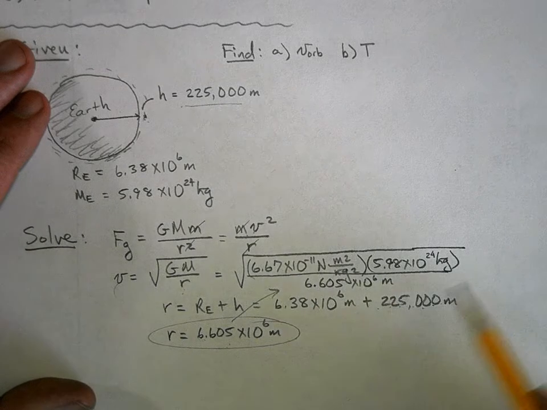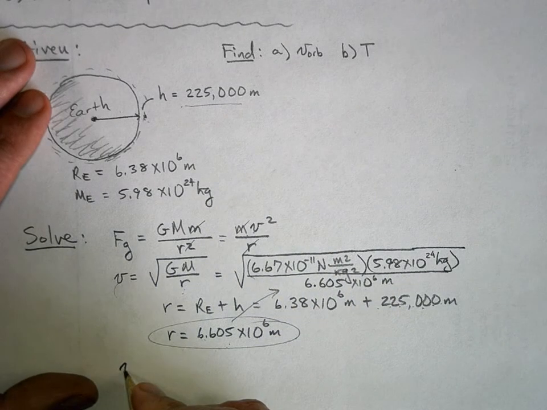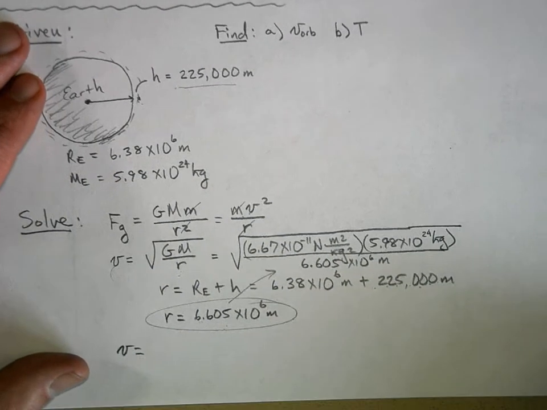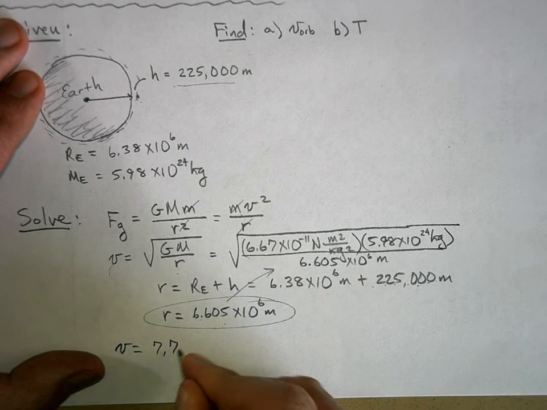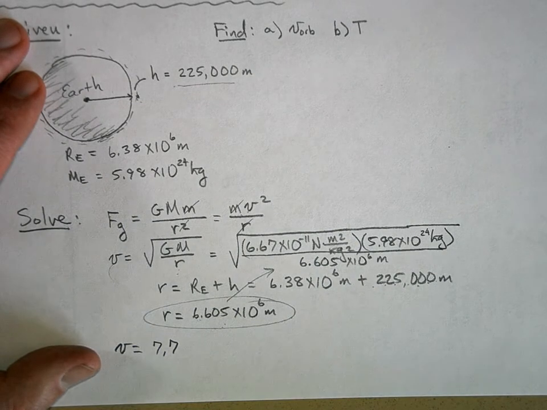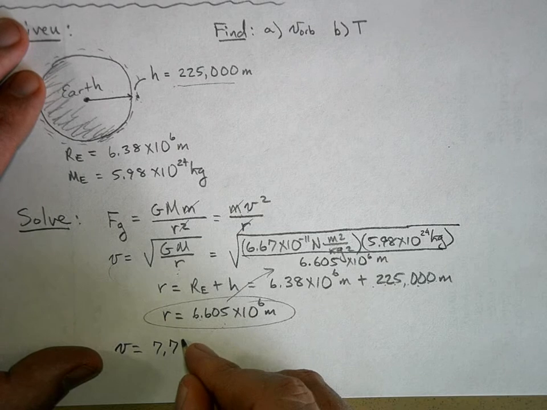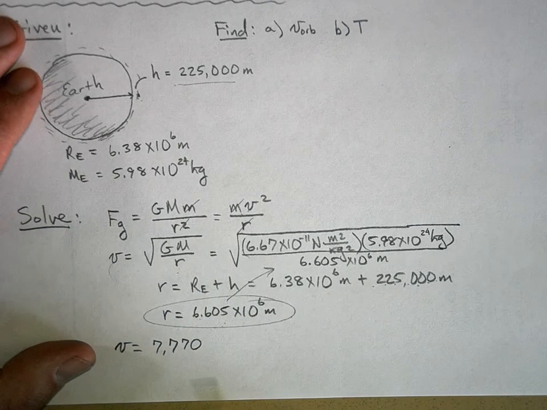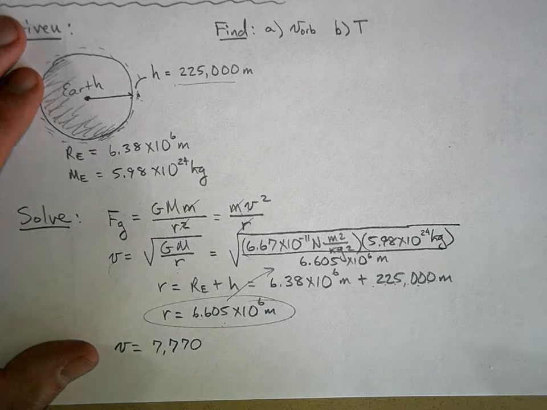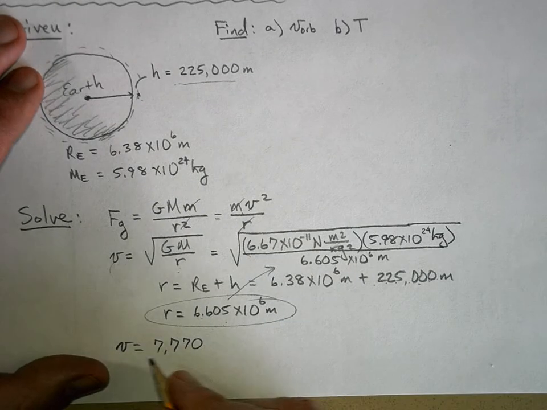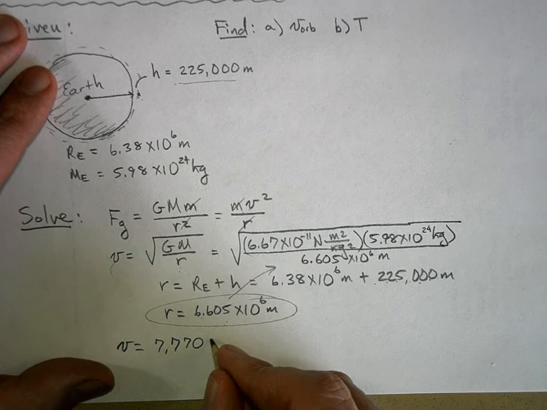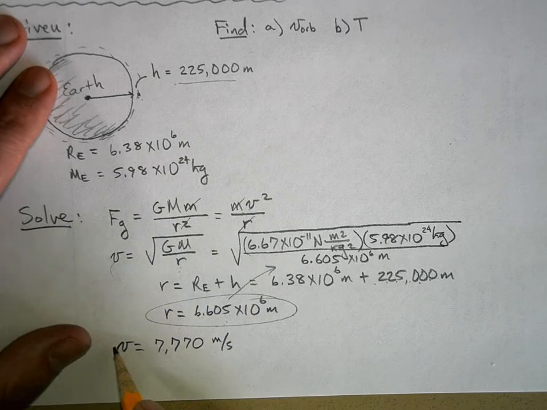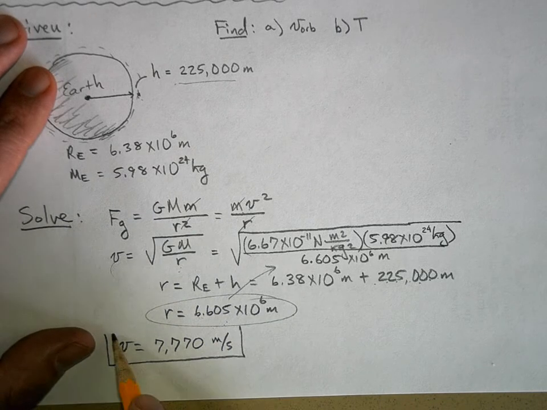So when you plug all this in, you get your orbital velocity is equal to 7,770. I'm rounding off to 3 significant figures here. It's actually 7,771 if you do it on your calculator, but I'm going to round that off. Meters per second. And that's my orbital velocity.